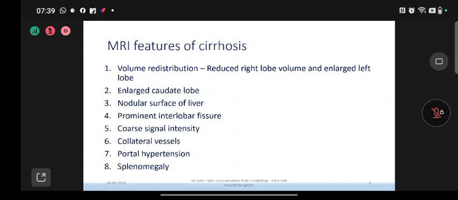So coming to the MRI features, we already saw the volume redistribution: reduced right lobe volume, enlarged left lobe, enlarged caudate lobe, nodular surface, interlobar fissure prominence, signal intensity also starting to become worse, collateral vessels, portal hypertension, and splenomegaly.